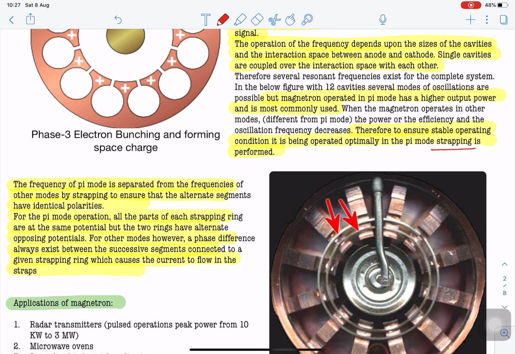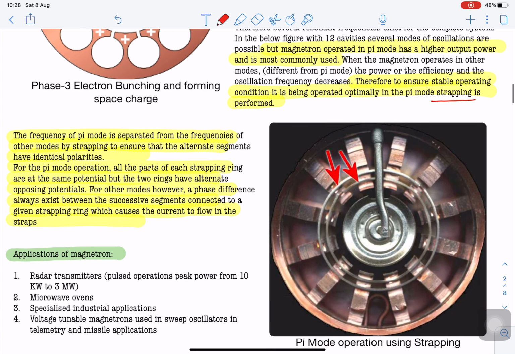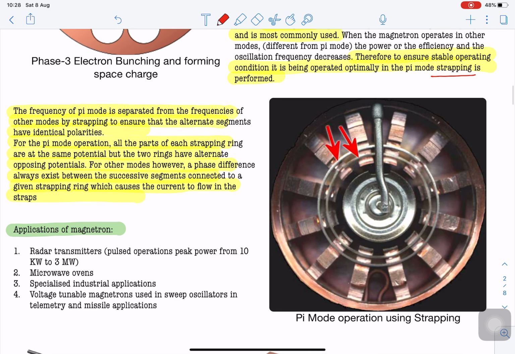Because in the pi mode, the energy generated by the microwave magnetron is sustained, continuous and maximum, right? So the frequency of the pi mode can be separated from the frequencies of other modes. In order to ensure the separation, we use a process called strapping.